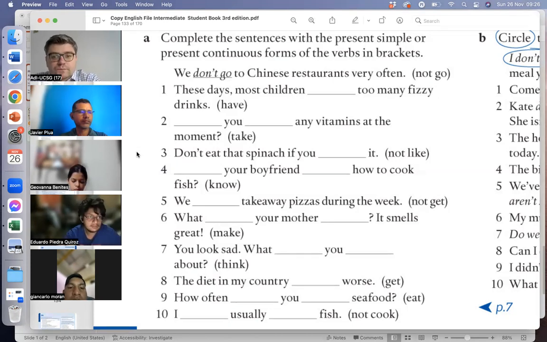Because the sentence said these days, so nowadays, right now, most of the children around the world are having too many fizzy drinks. Is it a general rule, kind of?